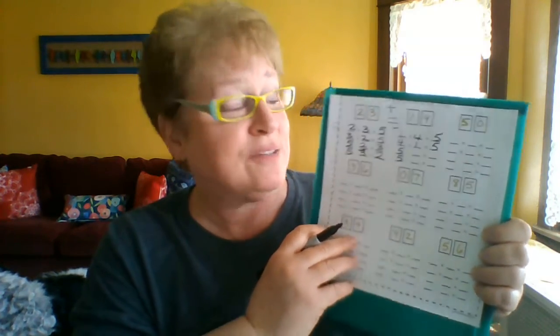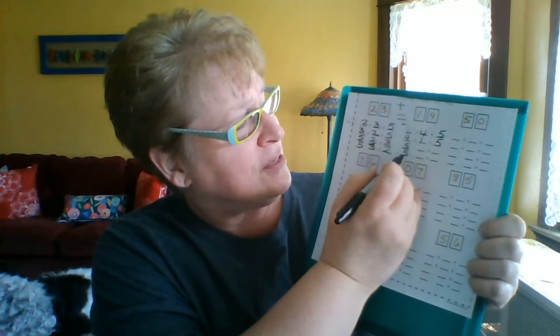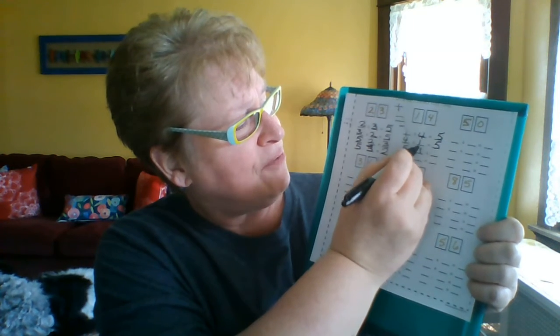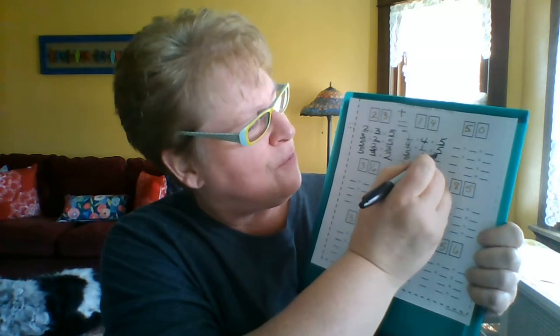Now we're going to take away one of the numbers and have the other number as our answer. So our first number was 1. 5 take away 1 is what? What's left? You're right, the number 4. And if you were uncertain, you could say 5 take 1 away is 4.